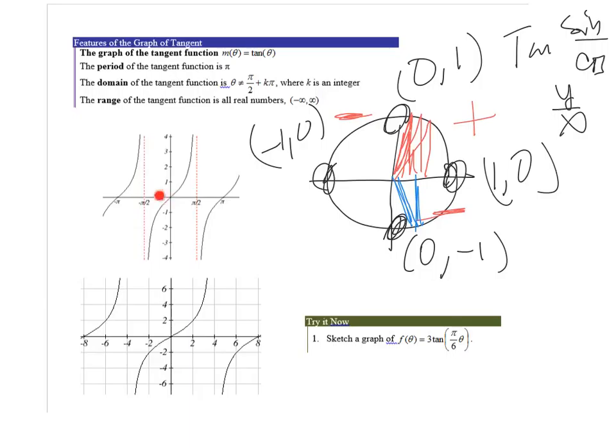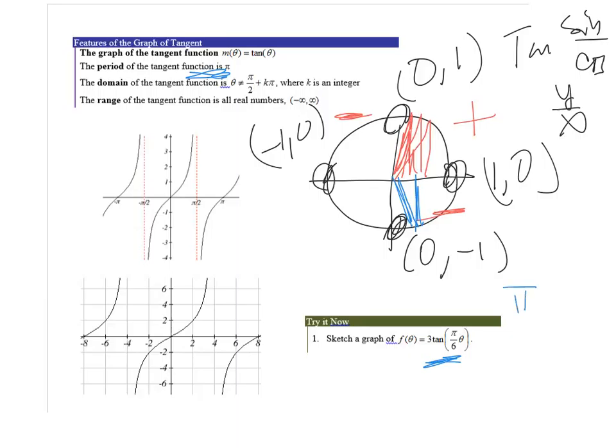So now to go back to that other question, how wide is it before it repeats? And you can almost see it here. It's pi wide. So the period of the tangent function is pi, as you see right there. And if I told you like this function here, we want to figure out the period of that function.